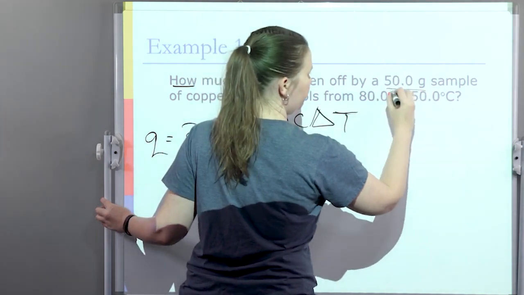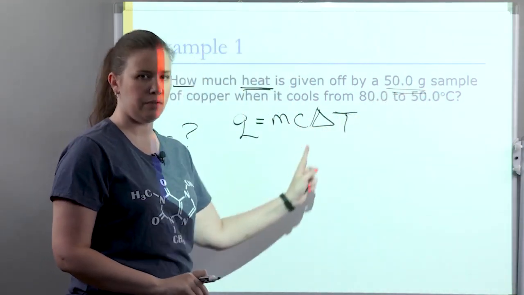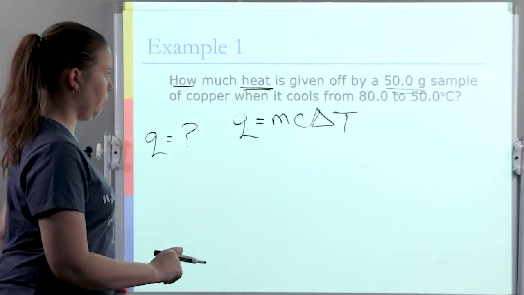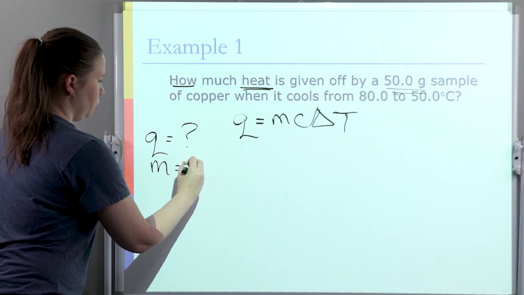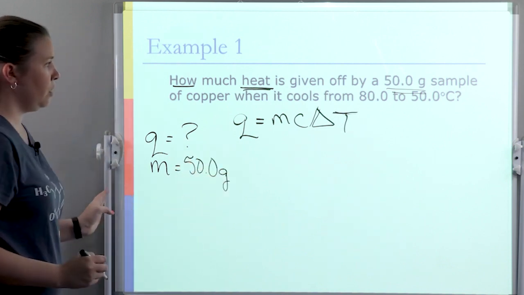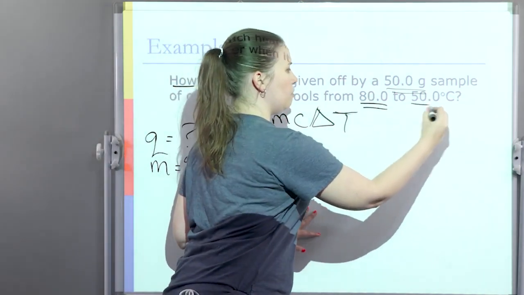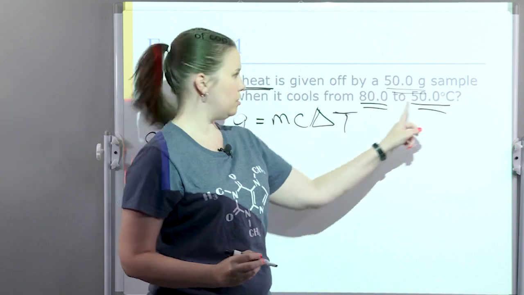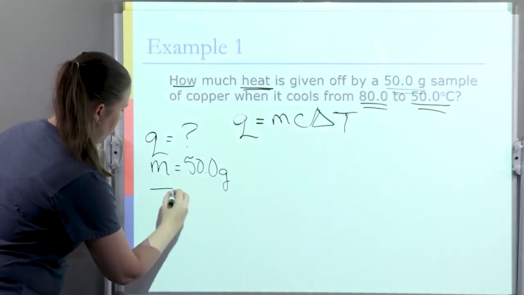Now I've got 50 grams. So would grams represent mass, specific heat, or temperature? Grams is the unit for mass. So my M is equal to 50.0 grams. The next numbers it gives me are the 80 and the 50 degrees Celsius. This really should say 80 degrees Celsius also. So I have two temperatures.